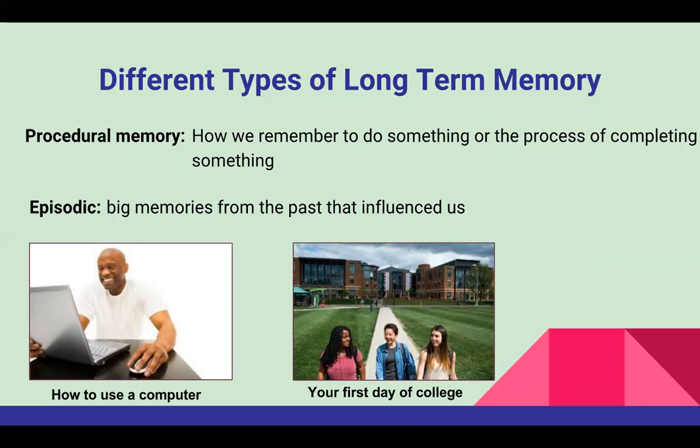It's not necessarily factual, whereas procedural memory is really based on steps and facts and information. Episodic memory is based off of your perception of the facts. The facts are shaped by and influenced by you.